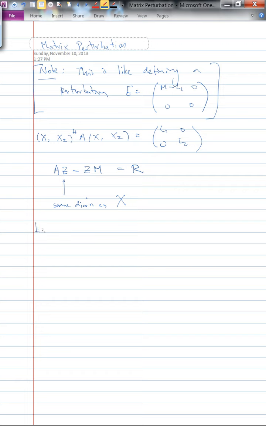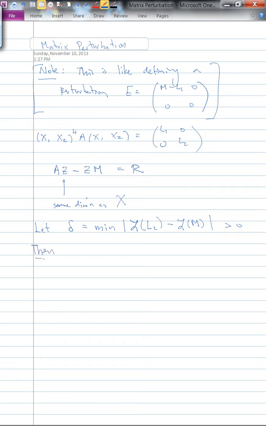So let's also let delta be equal to the minimum of L2 minus M, and assume that this is greater than 0.